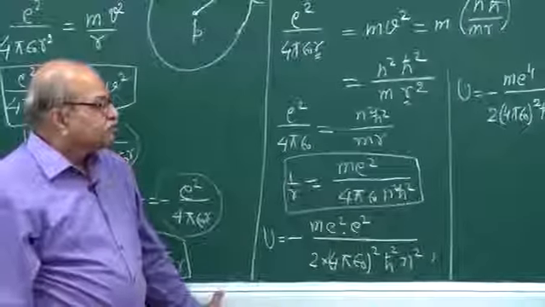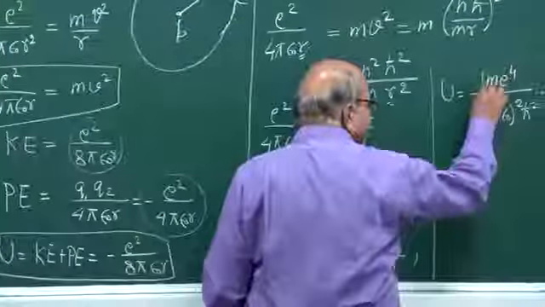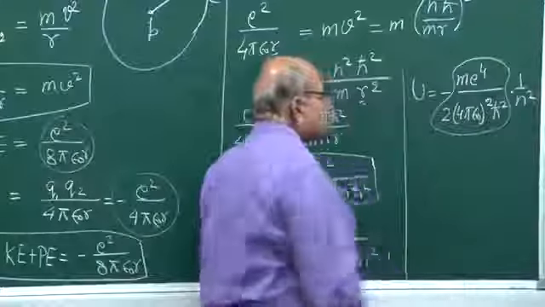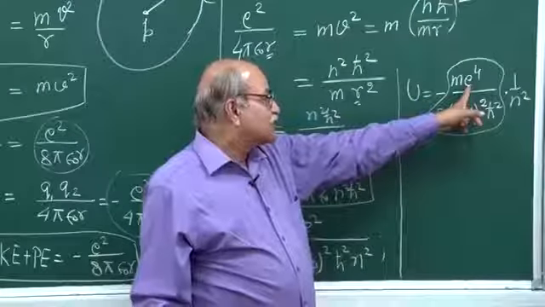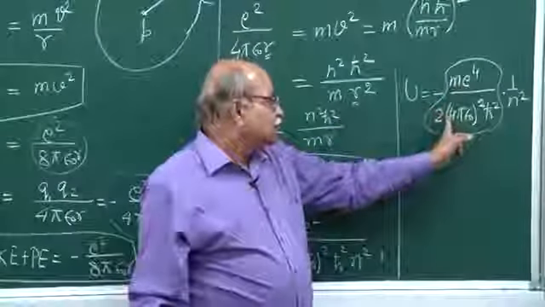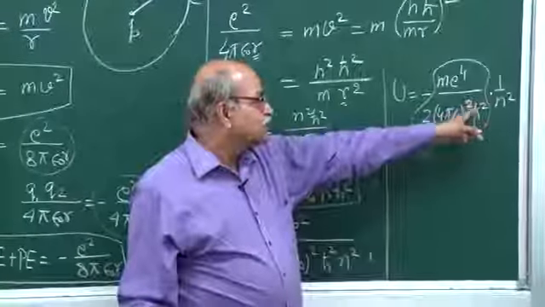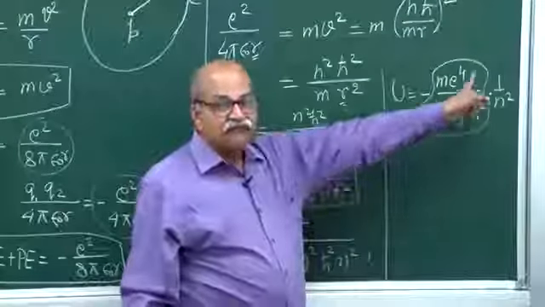Now this quantity here is the mass of the electron, a fixed quantity; the charge of the electron, a fixed quantity; 2 into 4 pi epsilon naught, a fixed quantity; h cross, Planck's constant divided by 2 pi, a fixed quantity. So this has a particular value.